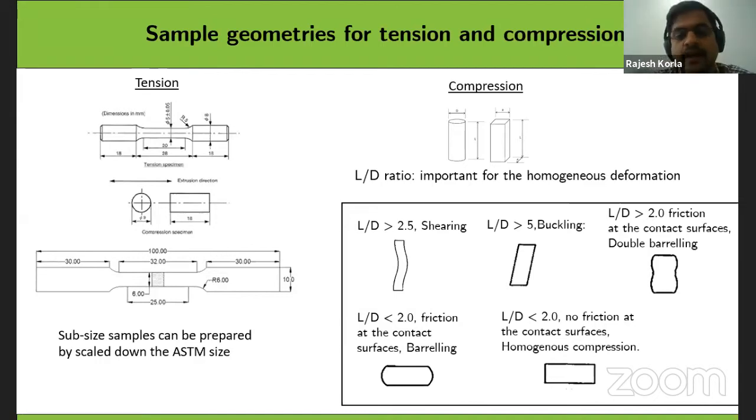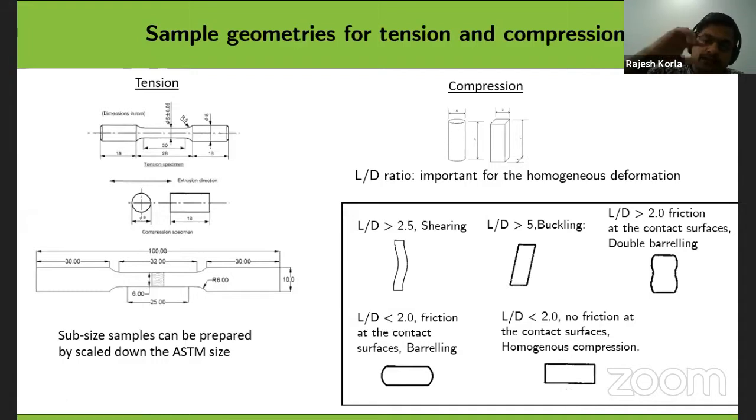This is not a proper result you are going to get. If the L by D ratio is around 2.5 or above, then the material is going to shear. This is how the sample looks after deformation. This is also not proper; if the sample after deformation looks like that, that means your data is not accurate. For example, L by D is about 2, below 2.5, but there is friction along these samples, because these compressive samples are between two plate ends.